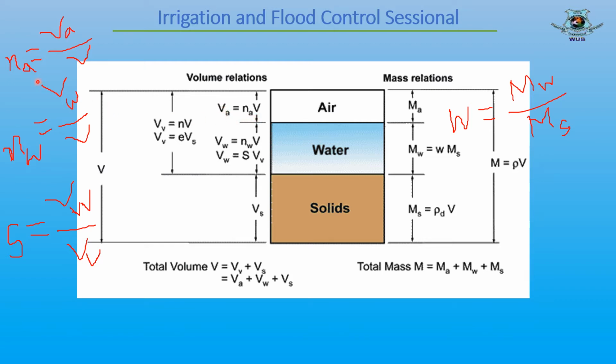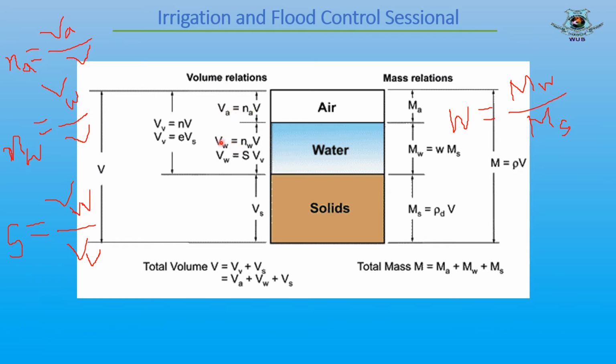We know that air content Na equals volume of air divided by total volume. That means how much air is stored in the total volume of soil sample is the air content. And from this relation we can get Va equal to Na into V.